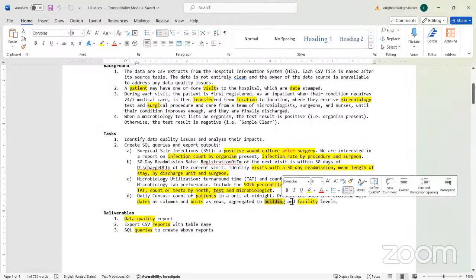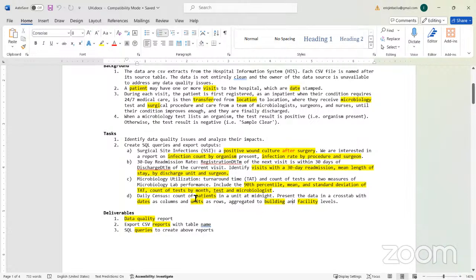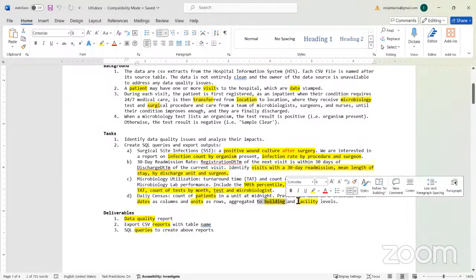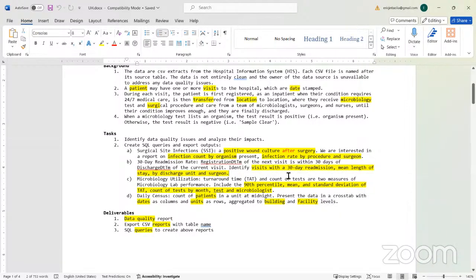So it's the location. The lowest level of location is unit, or maybe beds, right? Beds is an even lower level of location. And then units can go up to buildings and go up to facility, right?